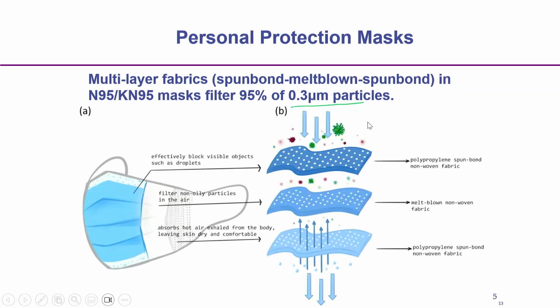Now, you can see the construction of the face mask. You can see the polypropylene spun bonded nanoven fabric. This is S, spun bonded nanoven polypropylene, which is used to effectively block the visible objects such as droplets on the outer side. This is the outer side.